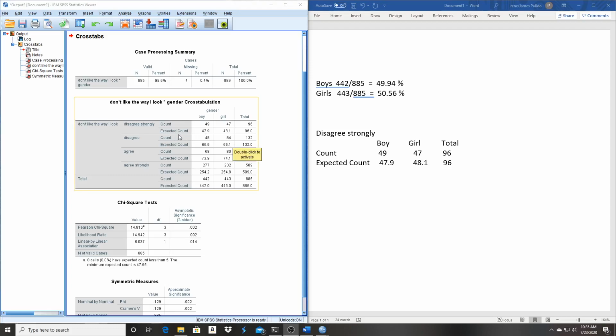So every one of these in your output, you see expected, expected, expected, expected, expected. That represents this percentage. So let's look at just this one. We have disagree strongly. Then I'll get down here, disagree, agree, and disagree. Let's look at just one. It's the same logic that is going to carry all the way through.